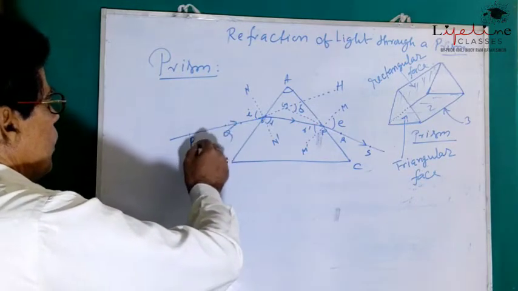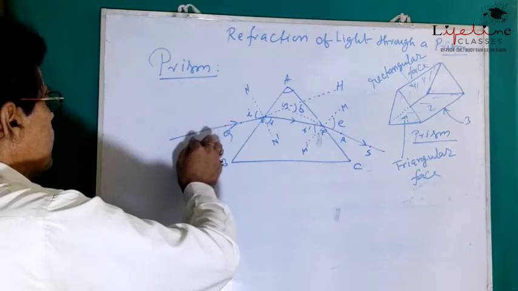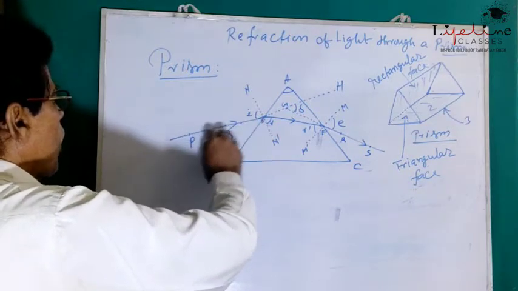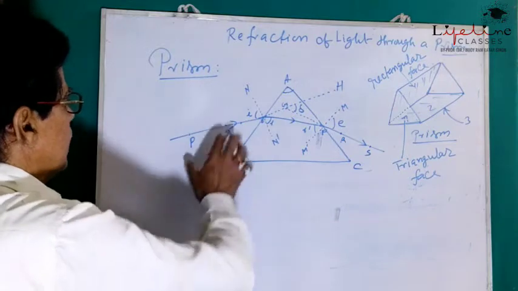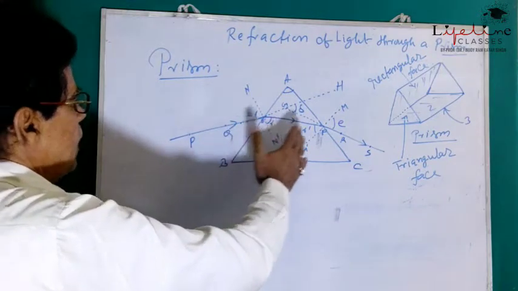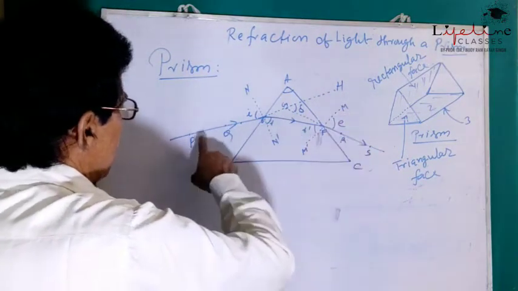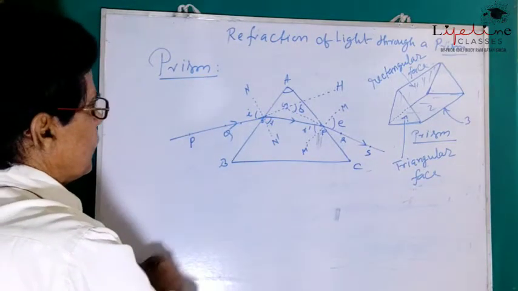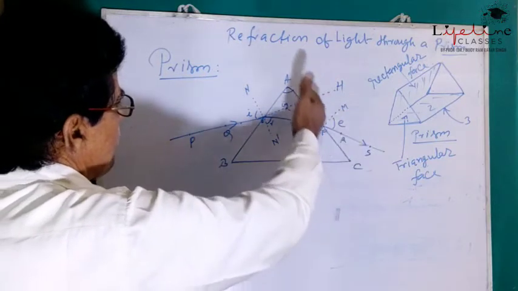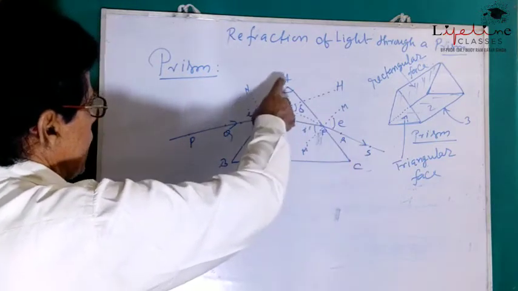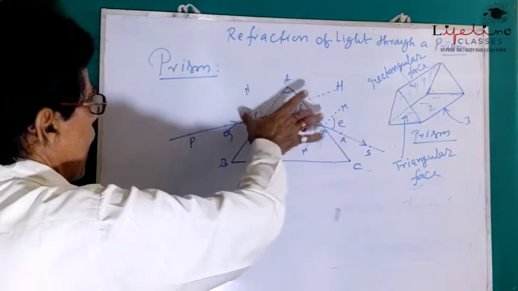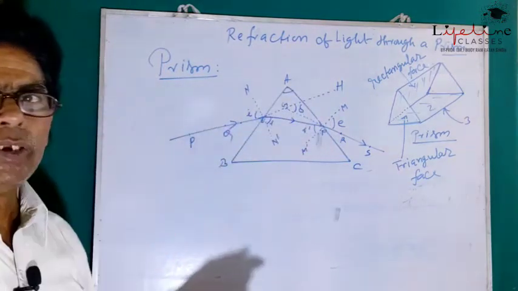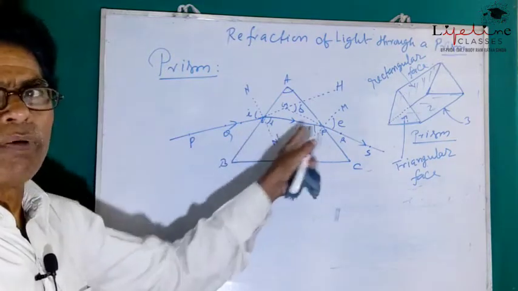Now, put two pins P and Q on this drawn line segment, and observe the image of these two pins P and Q from the opposite face. AB and AC are two opposite rectangular faces.